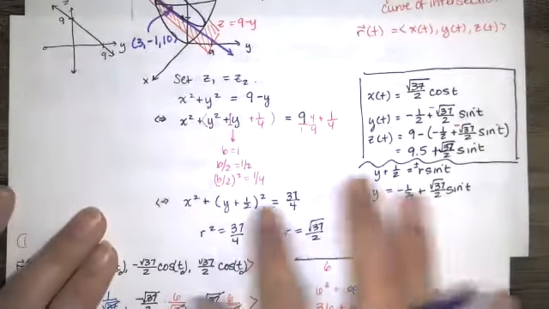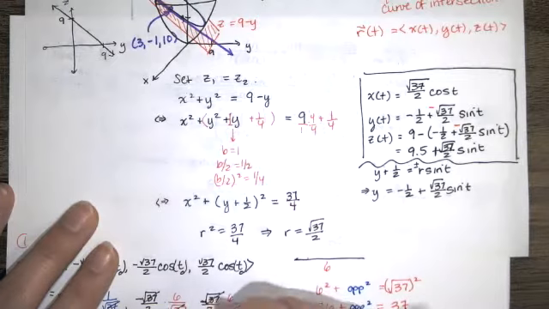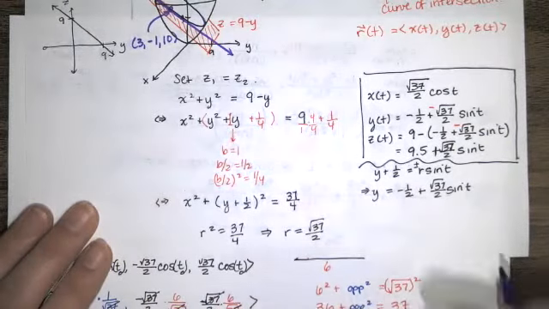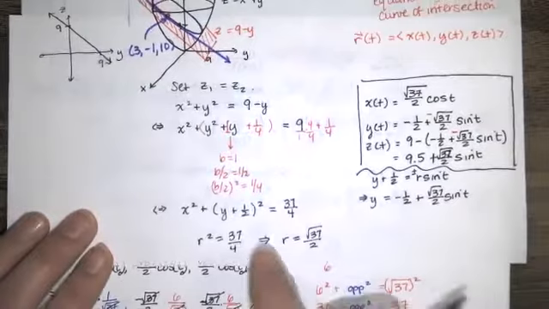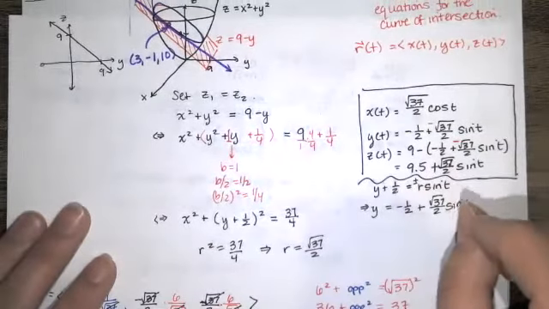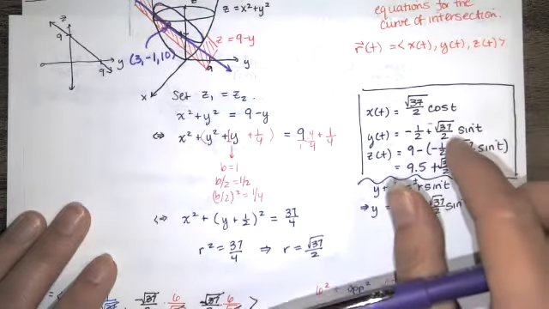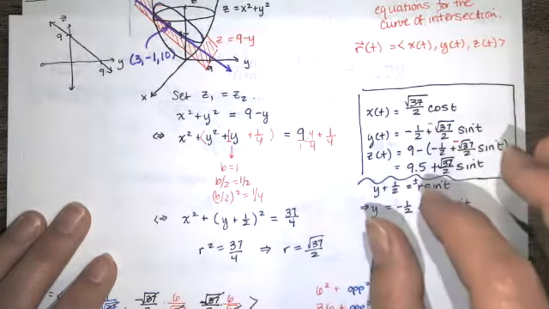We complete the square and we see it's a circle. And then one of the best ways to parameterize a circle is to let x equal r times cosine of t, and let y, or y plus the constant in this case, equal r times sine of t. And either one of those could be plus or minus in order to satisfy those equations. So we used those ideas to write x of t and y of t down.